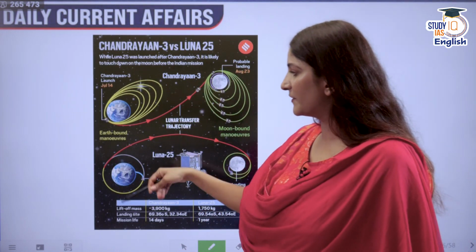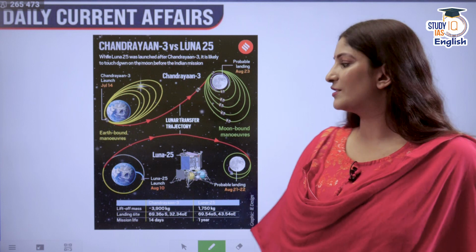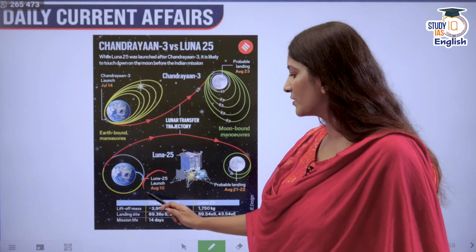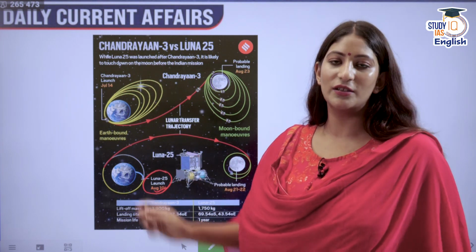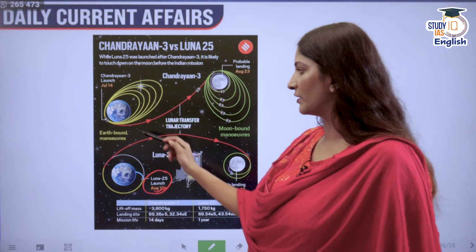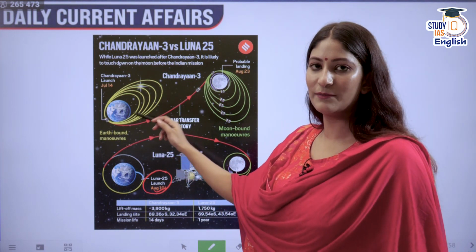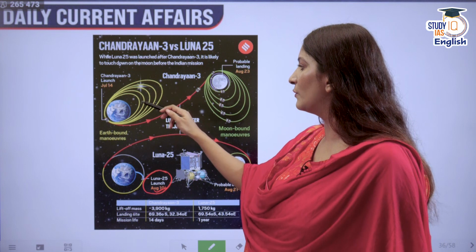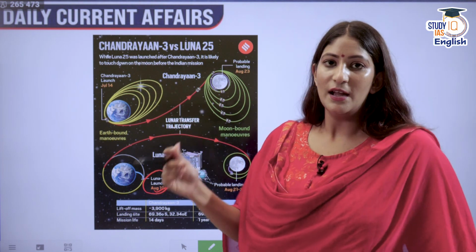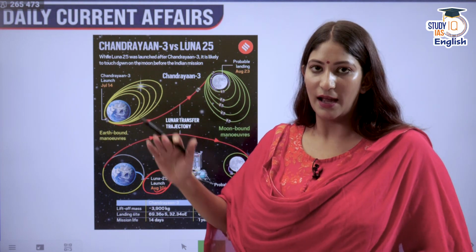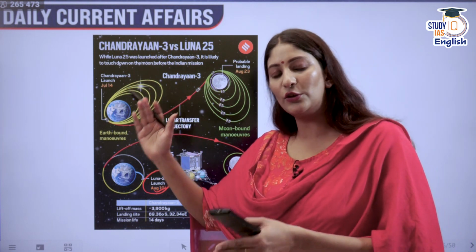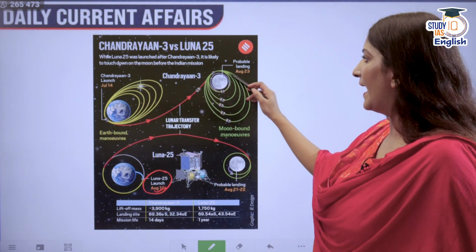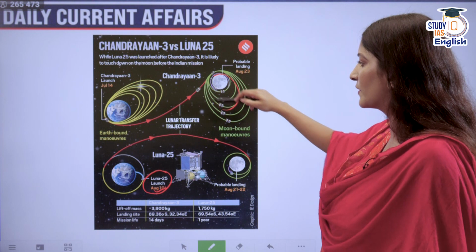But there is a difference between the two, how these two are working. Luna 25 was launched on 10th August, whereas Chandrayaan 3 was launched on July 14th. I have already told you, first it made earthbound maneuvers, 1, 2, 3, 4, 5. We raised the orbit, and from there we took our Chandrayaan to the moon, and then moon bound maneuvers were also made.